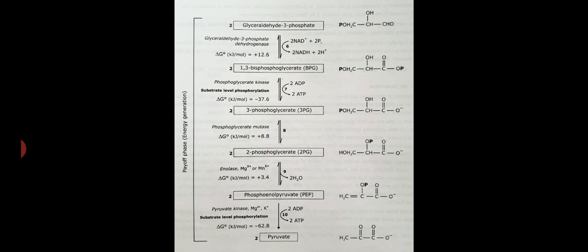This formation of ATP is known as substrate level phosphorylation because the phosphate donor 1,3-bisphosphoglycerate is a substrate with a high phosphate transfer potential. This step is catalyzed by the enzyme phosphoglycerate kinase.